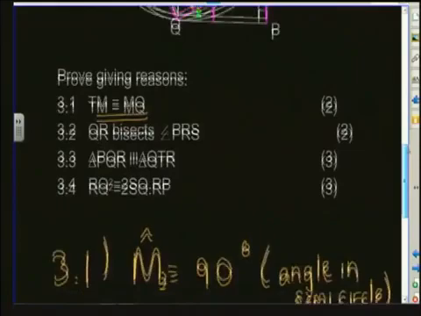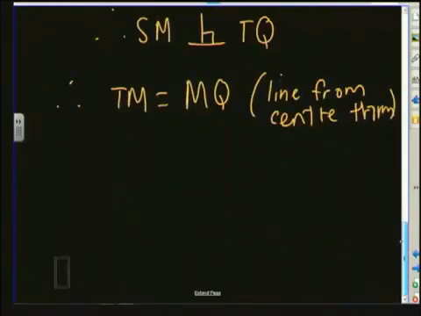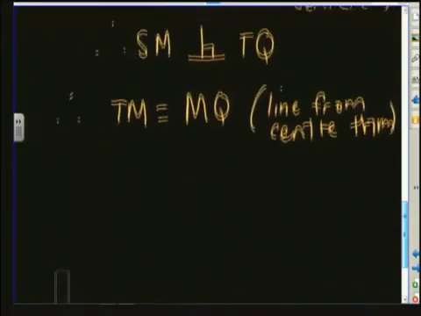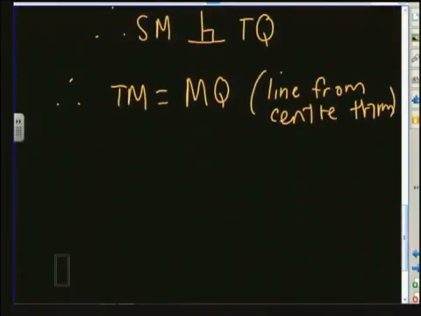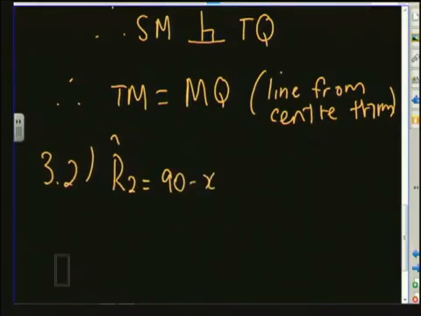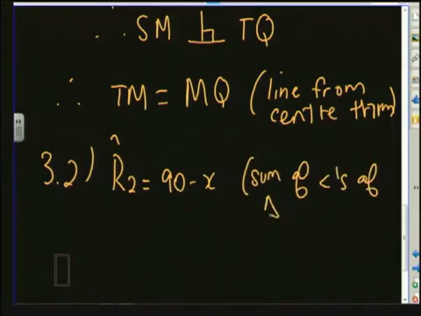Let's now write down this proof. It's only worth 2 marks, so we need minimum amount of working out. So this is 3.2. All right, so we can say angle R2 is equal to 90 minus x, and the reason for that, sum of angles of triangle QRP.